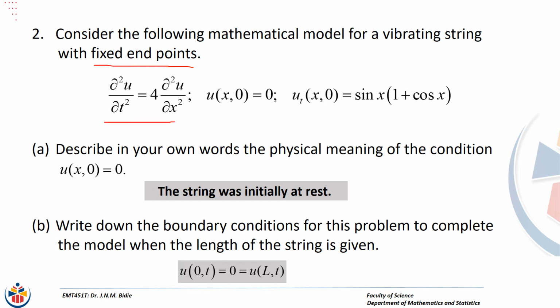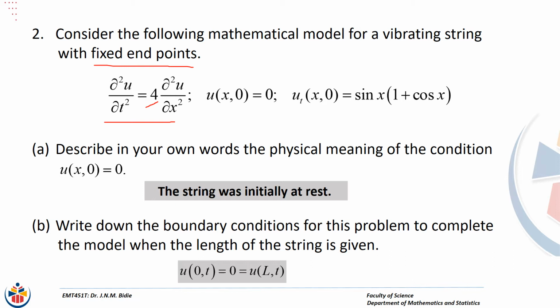Remember, I had said to you that usually it's d squared u over dx squared equal to 1 over c squared d squared u over dt squared, or we can just multiply c squared to the second derivative with respect to x. That's exactly what has happened here. C now is multiplying the second derivative with respect to x.